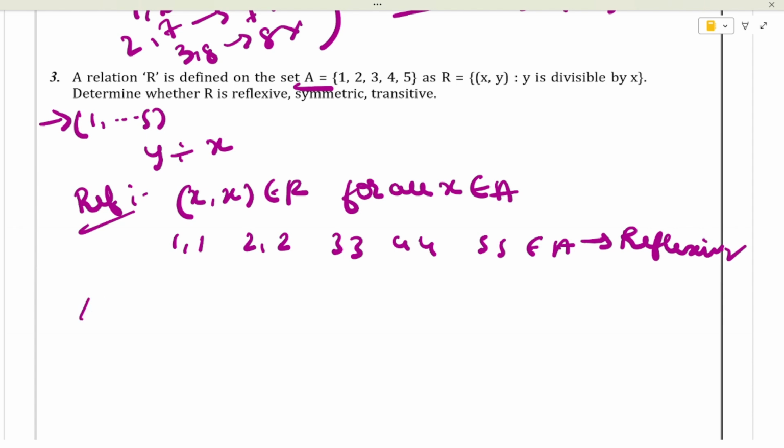Reflexive is done. For symmetric, the condition is xy and yx.